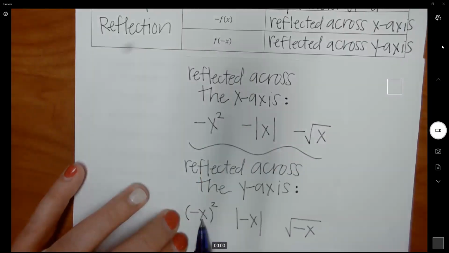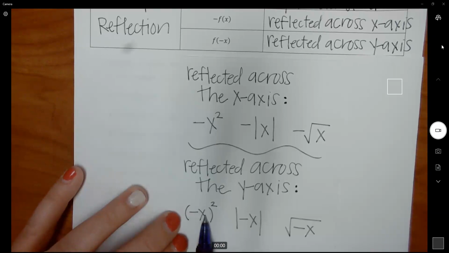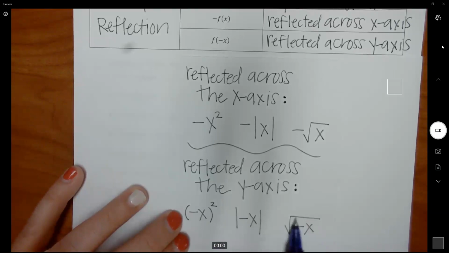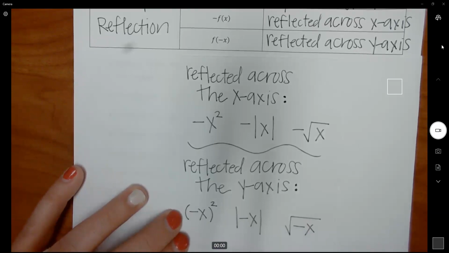So parentheses, negative x, now squared, where that negative is part of your function. It's inside. The absolute value of negative x, it's inside your absolute value. The square root of negative x, it is inside of your square root function.